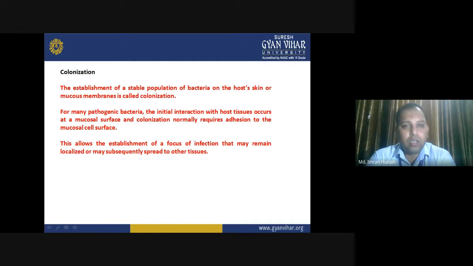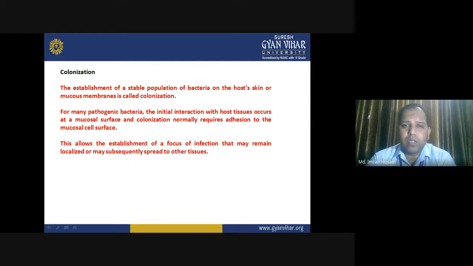Colonization: the establishment of a stable population of bacteria on the host skin or mucous membrane is called colonization. So when the bacteria enter inside, it anchors itself. The main important thing is to increase its number so that it can readily form a biofilm and protect itself from the constant attacks it is facing from the immune system.